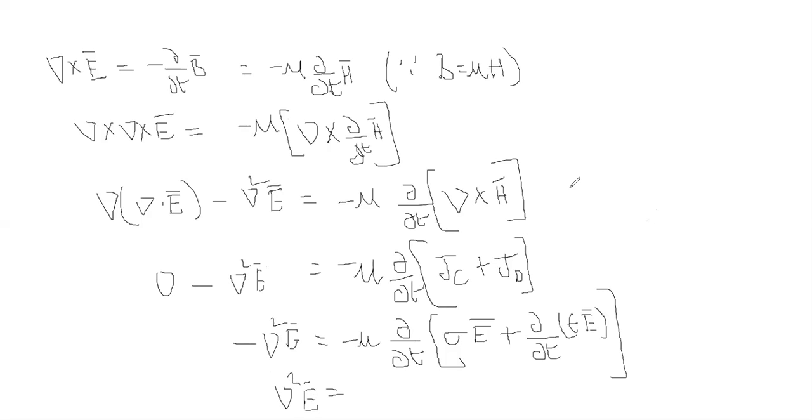Dou by dou T becomes j omega, minus mu into j omega sigma into E bar plus, again dou by dou T replaced with j omega epsilon into E bar. We know how we get the j omega: D is equal to D naught into e to the j omega t, apply the derivative, and the second time we get the j omega term.